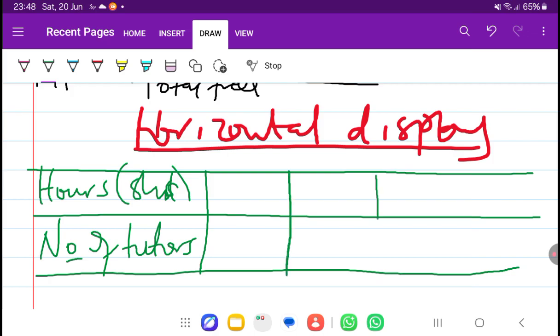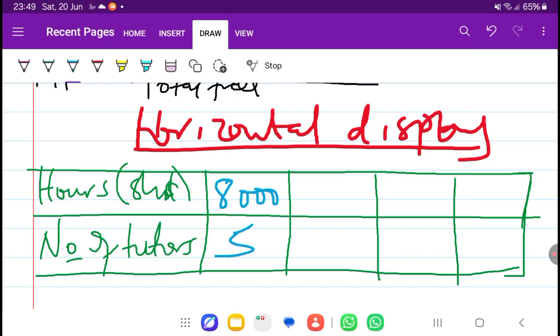We can put like 4 items. Now, we can say that those tutors who will earn an hourly rate of 8,000, let's assume they are 5 people. Of course, the number of tutors becomes the frequency.